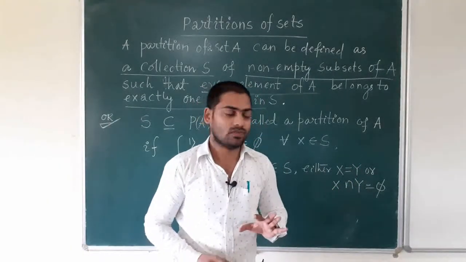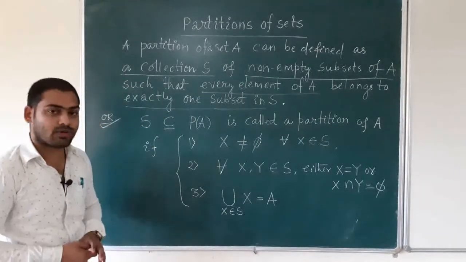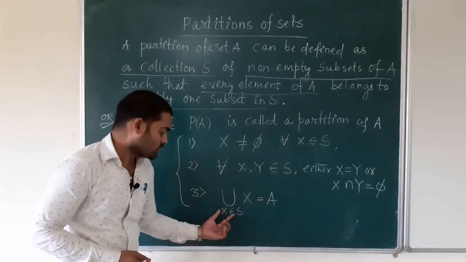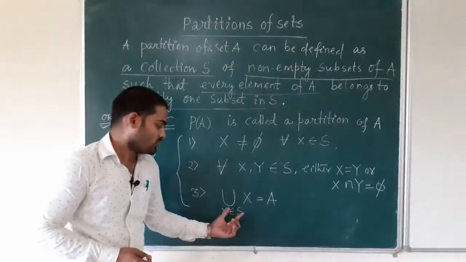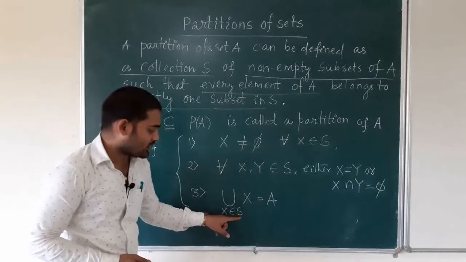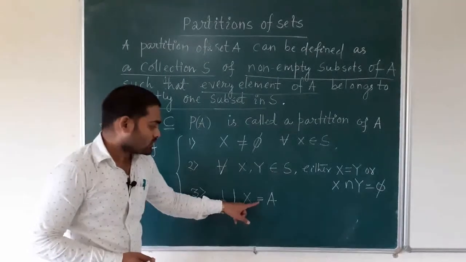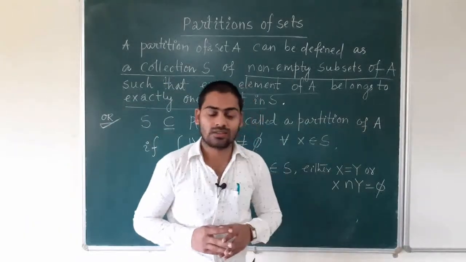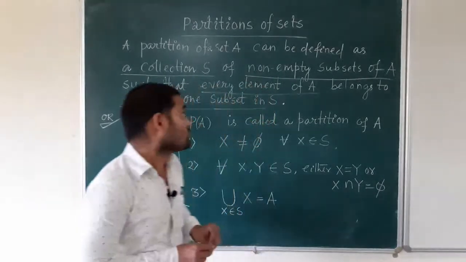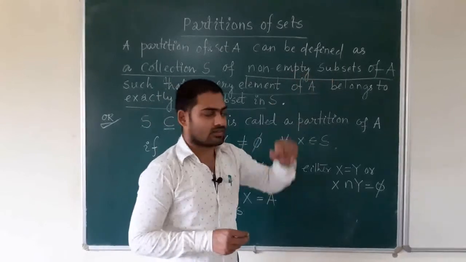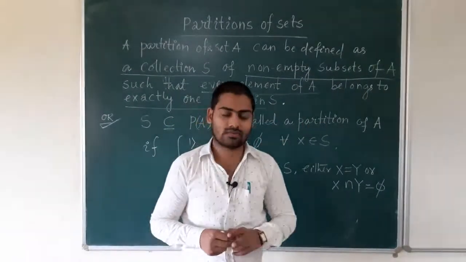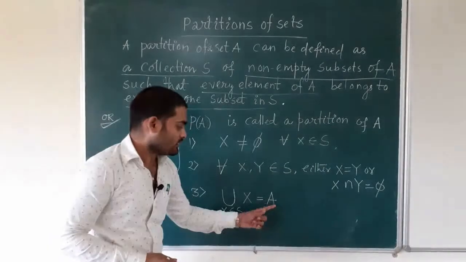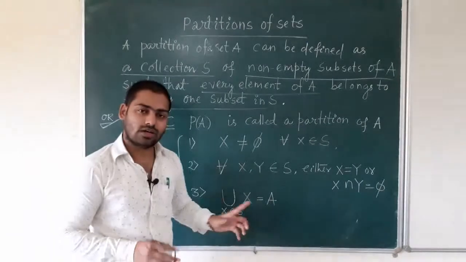Then the third property is that the union of all subsets in S must be equal to the set A. That means the union of all non-empty subsets of A is equal to the set A. Understood?